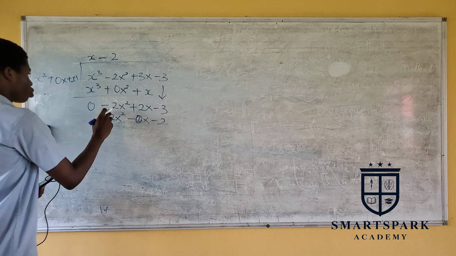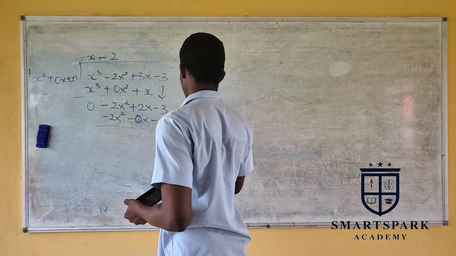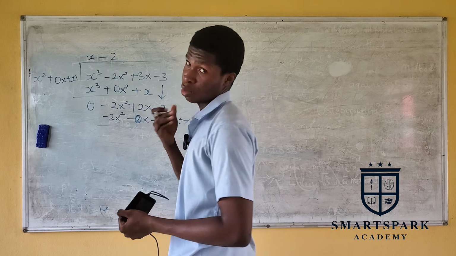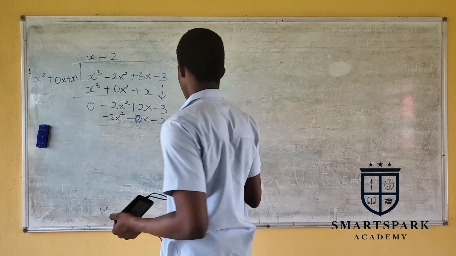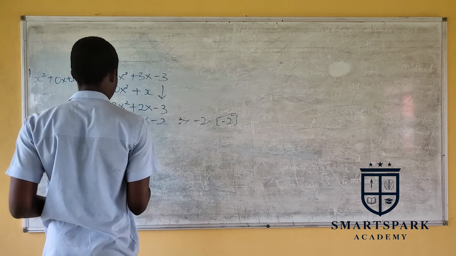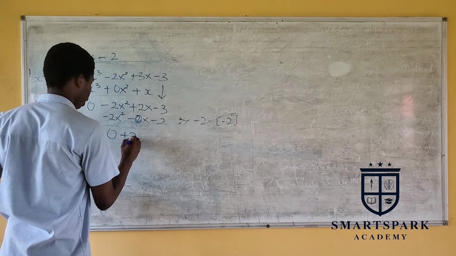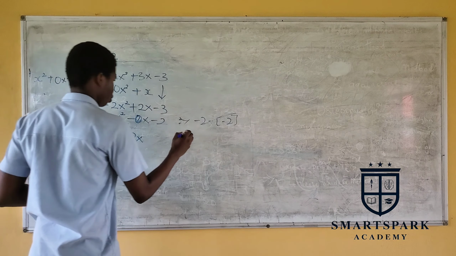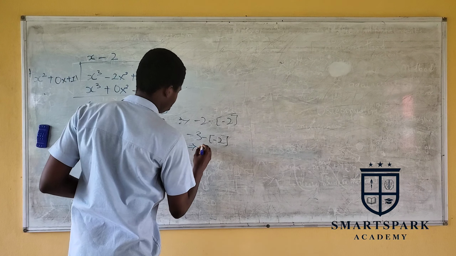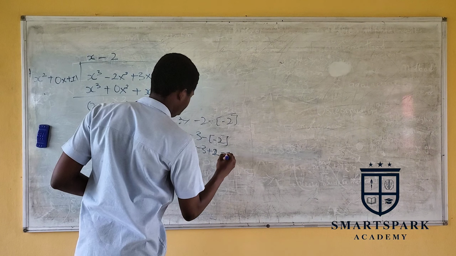Now, minus 2x squared minus minus 2x squared cancels out to 0. 2x minus 0x is plus 2x. Minus 3 minus minus 2 is minus 3 plus 2, which is minus 1.